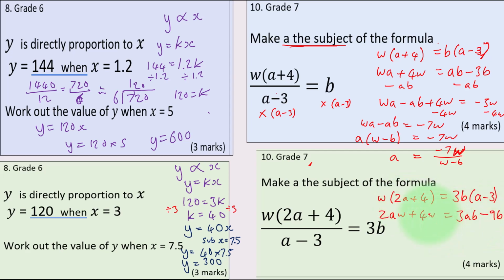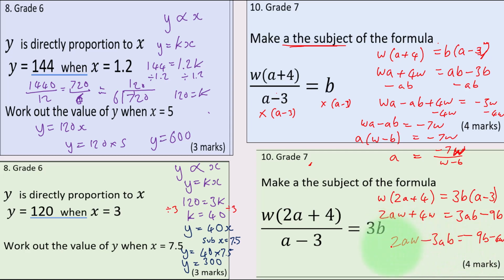Bring all the a's together and w's on the other side, so what we're going to get is 2aw minus 3ab. Remember, we're going to minus this 4w, so we brought this over and we're going to make a minus that, so it's going to be minus 9b minus 4w.